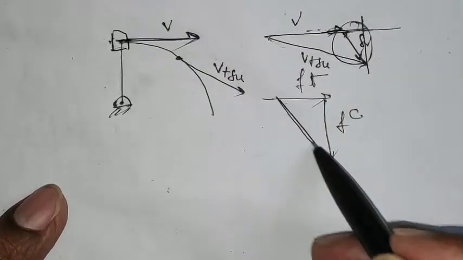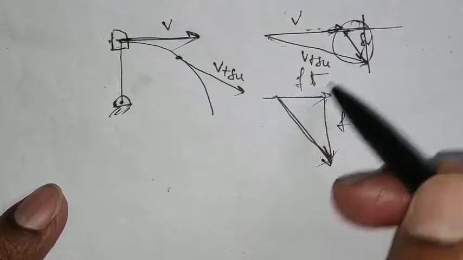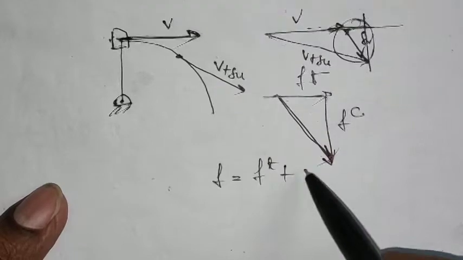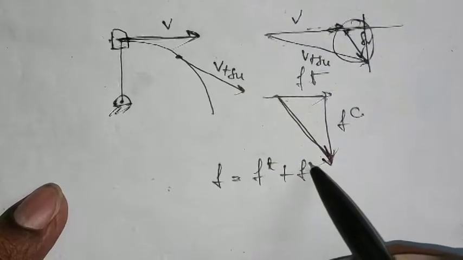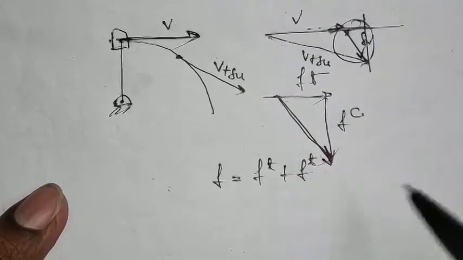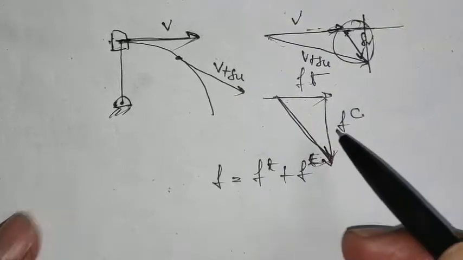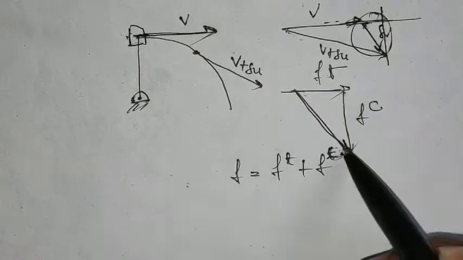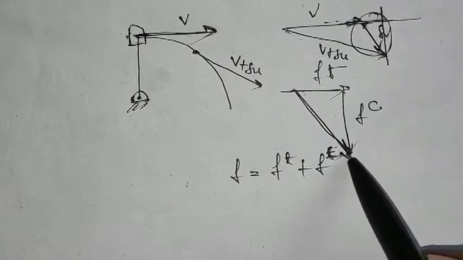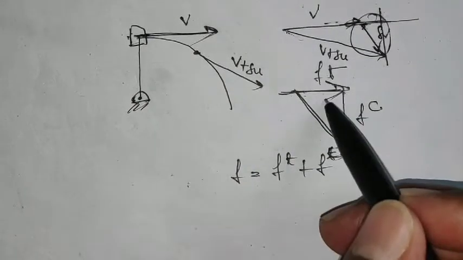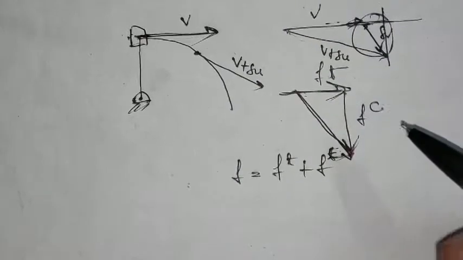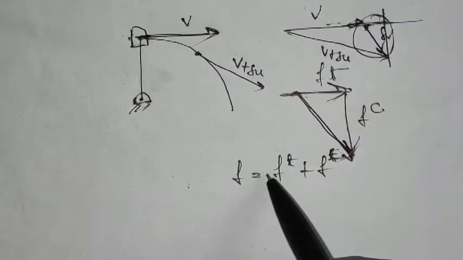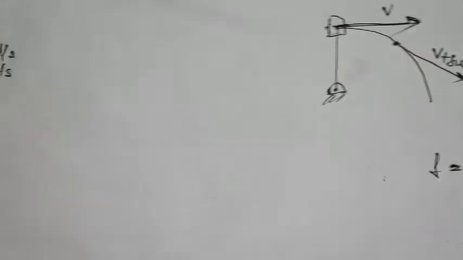So the actual acceleration of a body is the sum of the tangential acceleration and the centripetal acceleration. This has to be remembered when solving a problem. To find the actual acceleration of a body, we should know the tangential acceleration and also the centripetal acceleration, and the sum of these two vectors will give you the actual acceleration of the body.